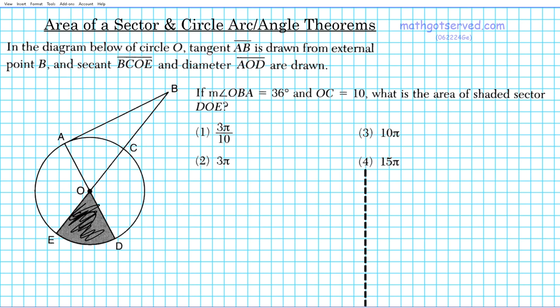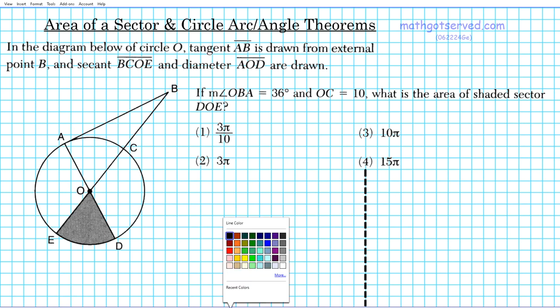Okay, so to get us started, we're going to take a look at a theorem that connects tangent lines and angles. It goes through the center of the circle to the angle that is formed by the tangent line and that segment. So if you take a look at this diagram, this is a tangent line AB.